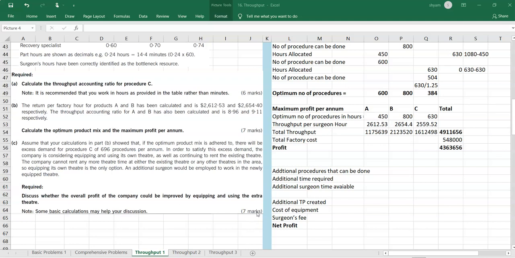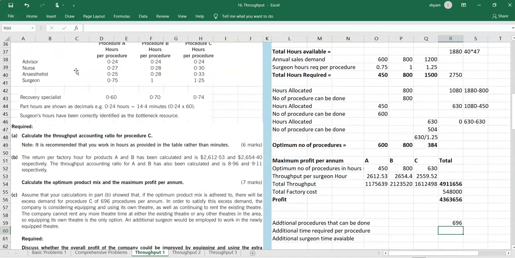Of course we need calculations here. Additional procedures that can be done: totally 696 procedures. And additional time required per procedure, we can find out there.